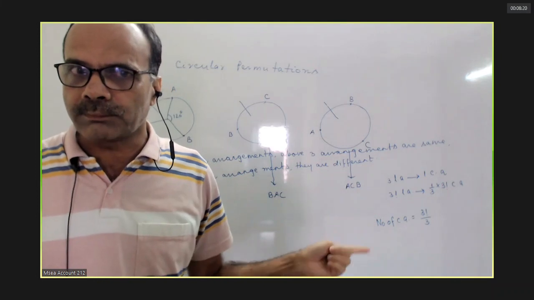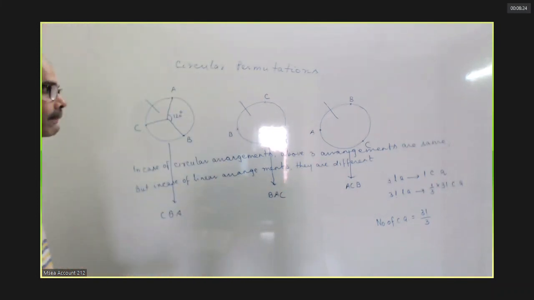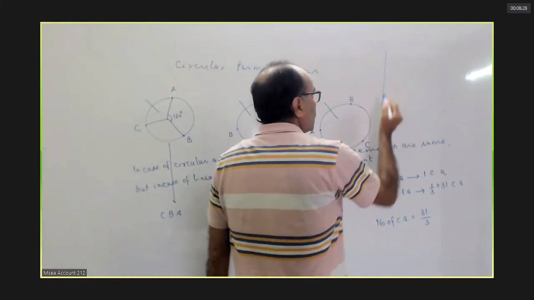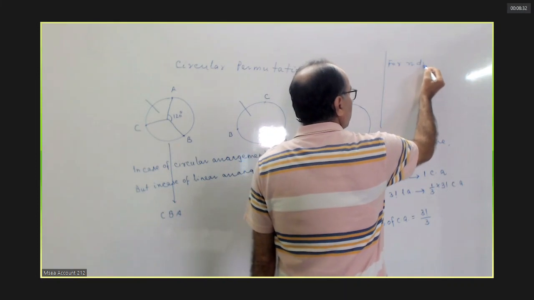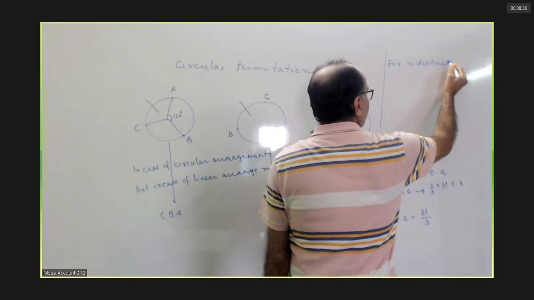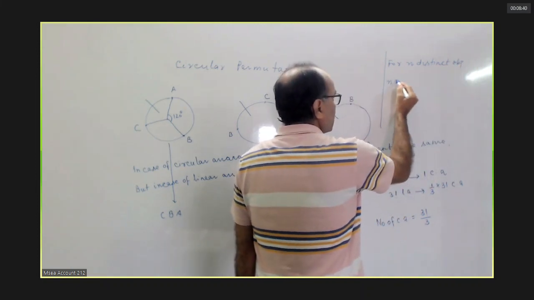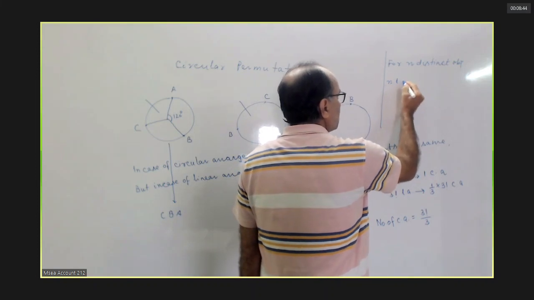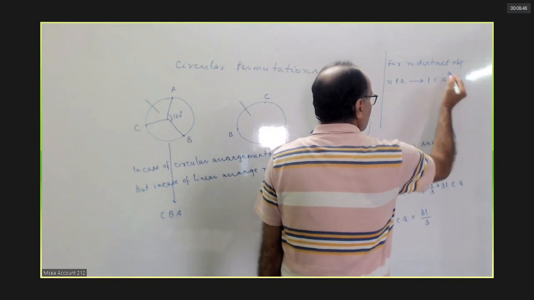So for n distinct objects, n linear arrangements give us one circular arrangement.